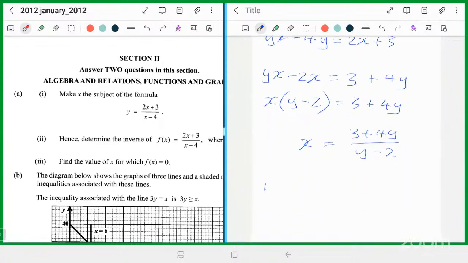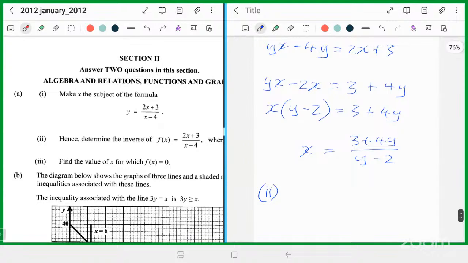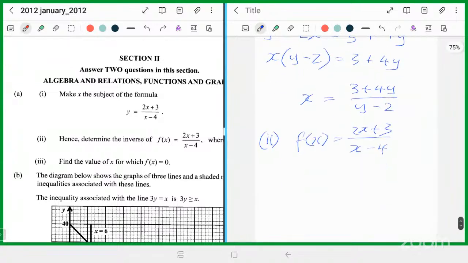So for part 2, since f to the minus 1 is this expression, f to the minus 1 of x equals 2x plus 3 over x minus 4, it implies that the f to the minus 1 of x is just the same expression where we have x where the y is.